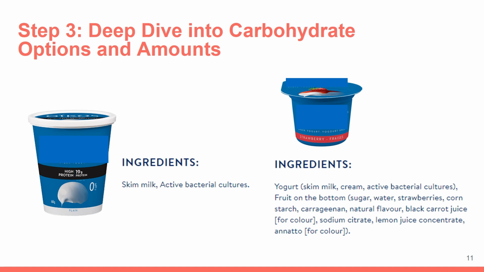The list of ingredients lists all the ingredients in a food product by weight. The list starts with the ingredient that weighs the most and ends with the ingredient that weighs the least. This means that a food contains more of the ingredients found at the beginning of the list and less of the ingredients at the end of the list.